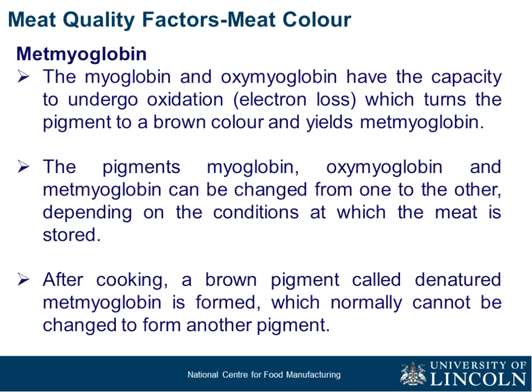You can change the pigment, but immediately after you've cooked your meat, you can't change the pigment again. You are going to denature the protein, and metmyoglobin is going to be formed, which cannot be changed to another form of pigment.